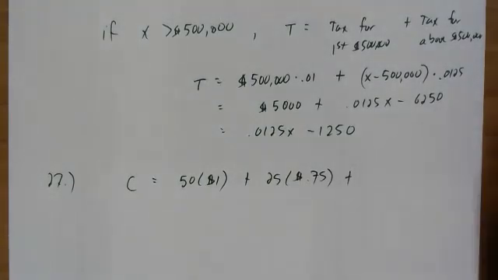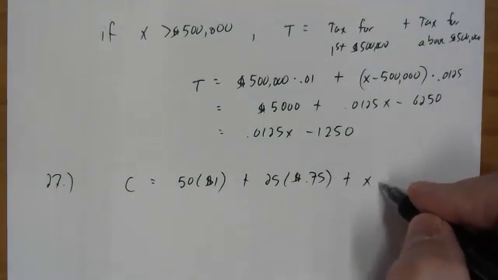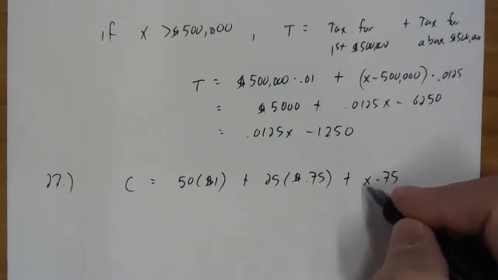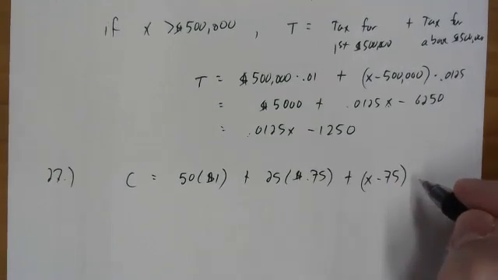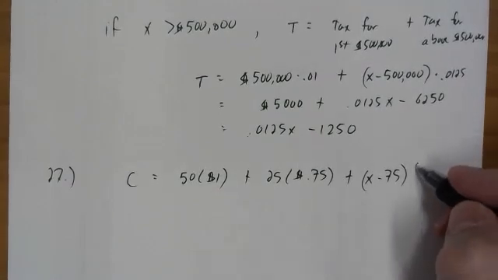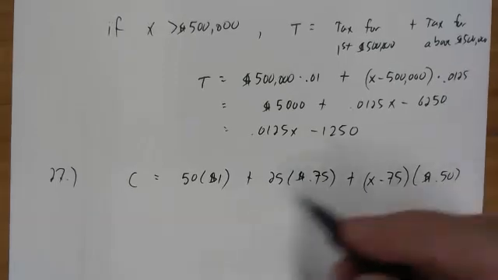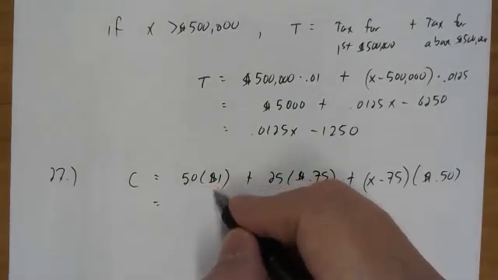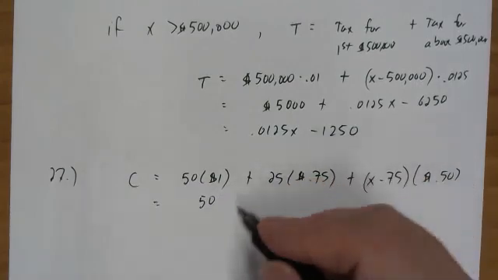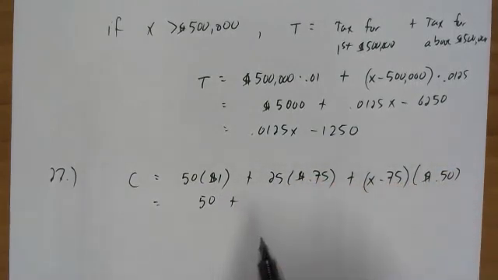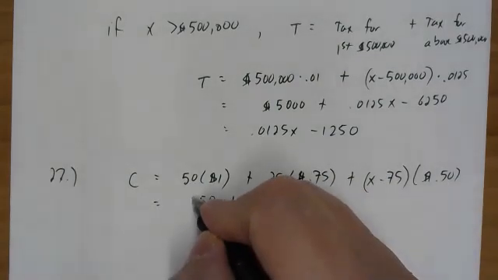Now everything over 75, where X is the amount we're going to buy, it's going to be 50 cents. So the more you buy, the cheaper they get. So this is 25 times 1, and 50 times 0.75, which is 37.50.